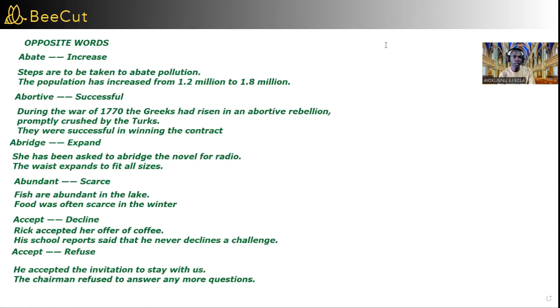What I'm looking at here is opposite words. You know the meaning of opposite words, yes or no? Do you know the meaning of opposite words? I said, the word I'm looking at here now is accurate, and the opposite is inaccurate.